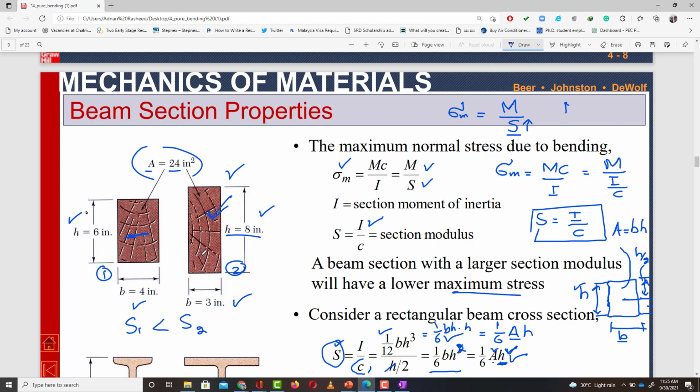This S2 is higher, so sigma m2 will be less than sigma m1. Stresses in beam 1 will be higher because it has lower section modulus, not area.